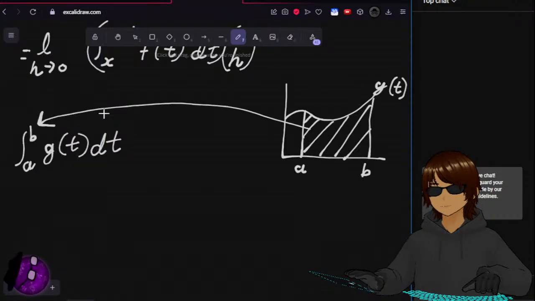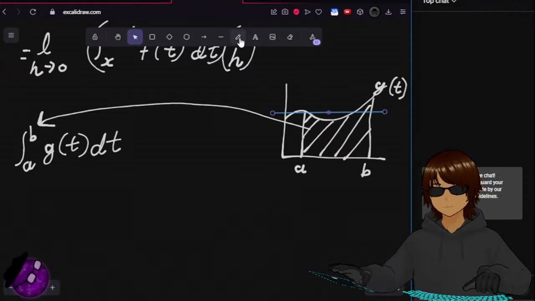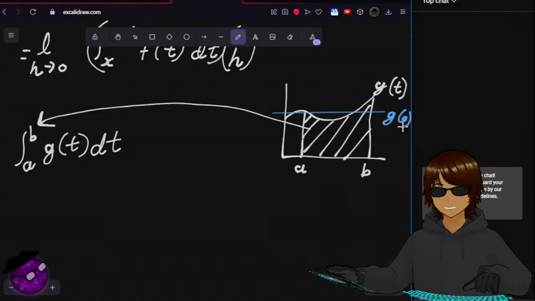Suppose I have an average G of T, which is like over here. Yeah, I should draw a line. This is like G of C. So G of C is the average between g of a and g of b.